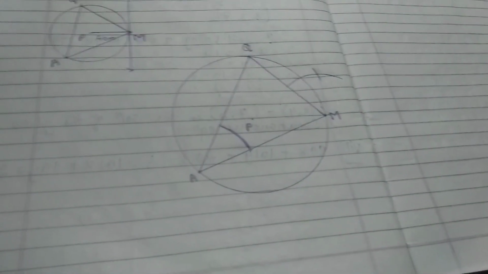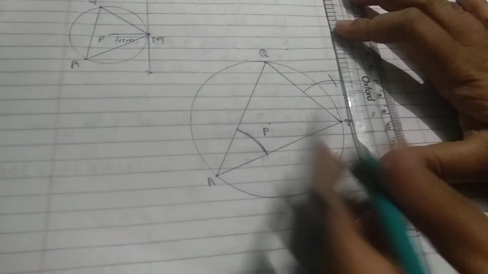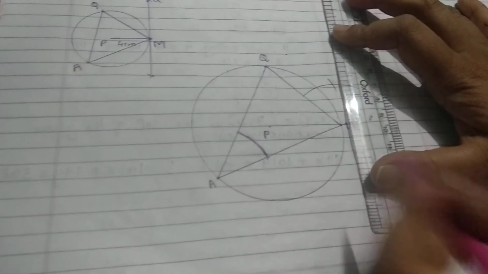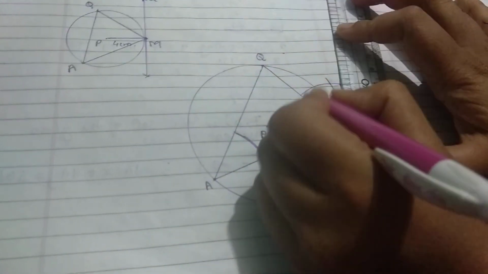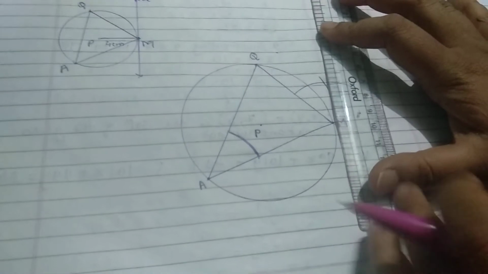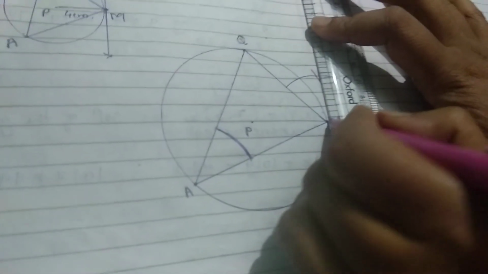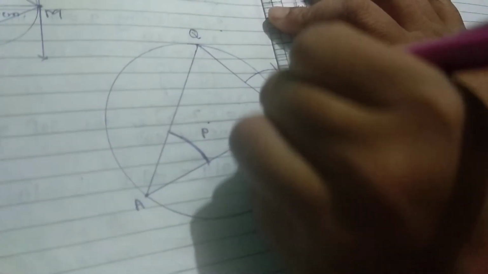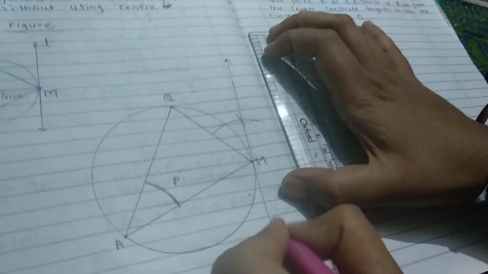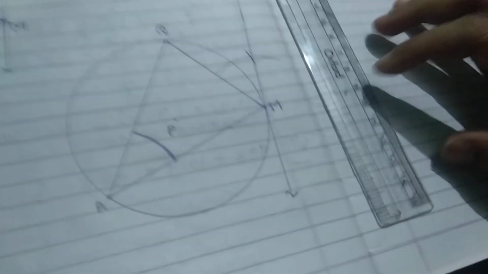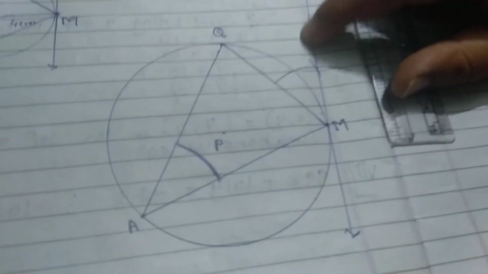And then you have to take the scale, and through your point M and the point where the two arcs intersect, you have to draw the tangent to the circle. So like this you will get one straight tangent.